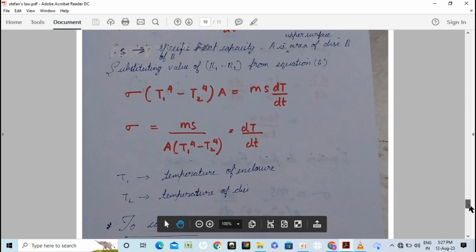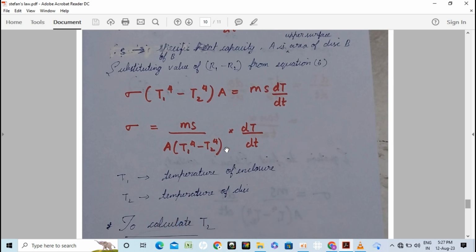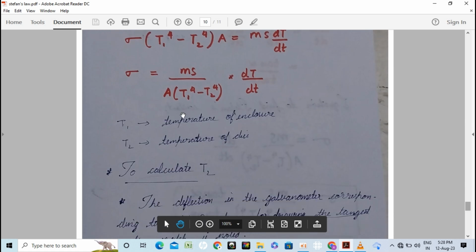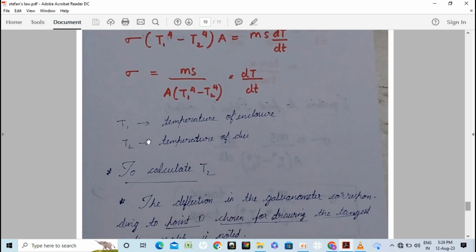Now this can be written as sigma is equal to ms by A into T1 raised to 4 minus T2 raised to 4 times dt by dT. T1 is the steady state temperature of the hemispherical metallic vessel or the enclosure. T2 is the temperature of the disc.